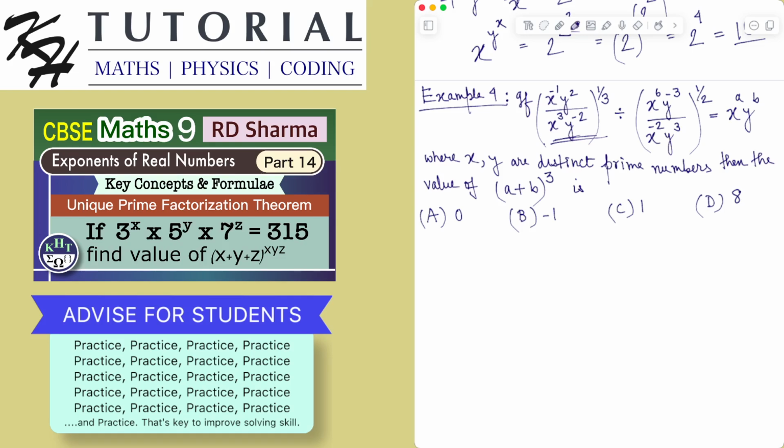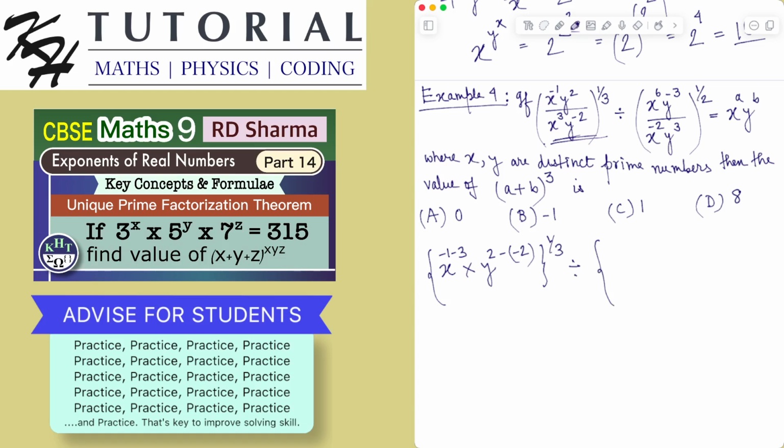So it will be x to the power minus 4 multiplied by y to the power 4, and this whole raised to the power 1 by 3 divided by, similarly I will do the same thing for this exponential term.